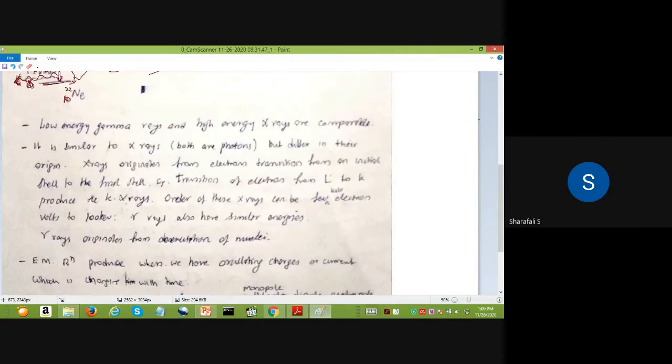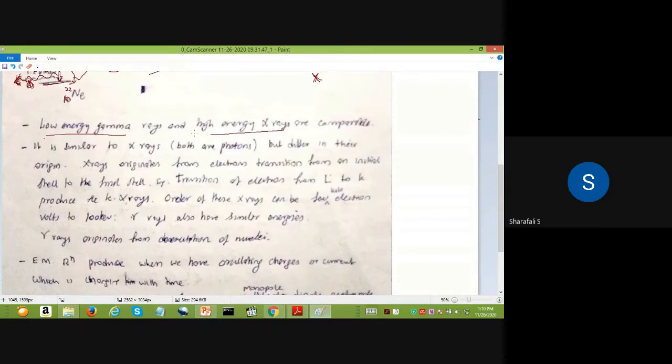Now, if you consider the energy of gamma radiation, we can say that low energy gamma rays are comparable to high energy X-rays. X-rays are in the electromagnetic spectrum, and gamma rays are also electromagnetic radiation, which is photons. Beta and alpha particles are particles which are not electromagnetic radiation.